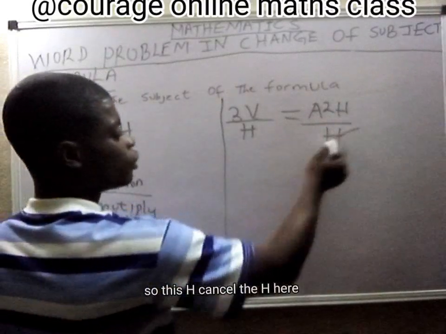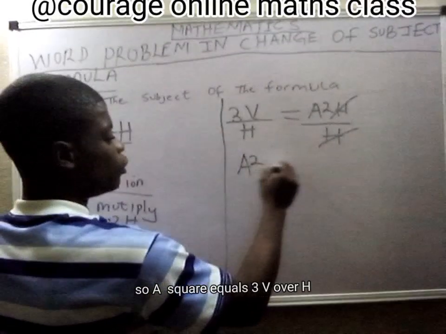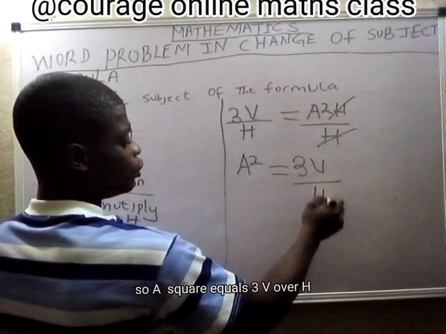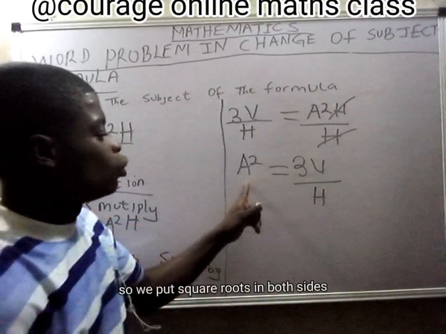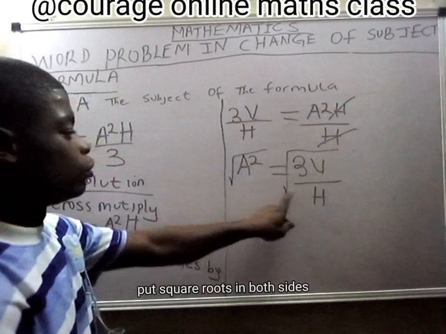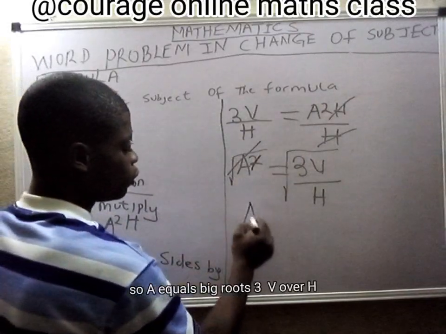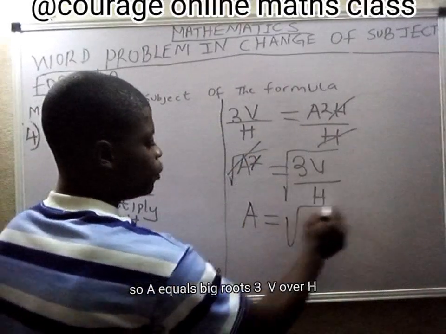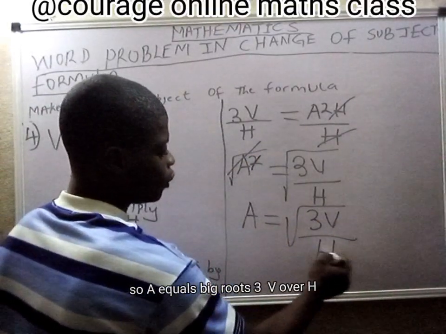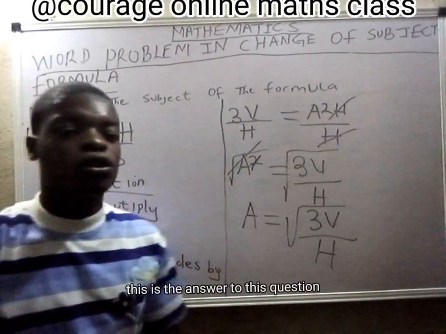So this h cancels the h here. So a square equals 3v over h. So put square root in both sides. This square cancels the square root. So a equals big root 3v over h. This is the answer to this question.